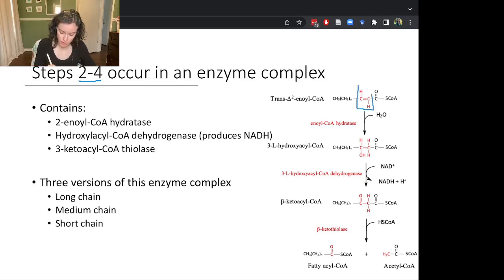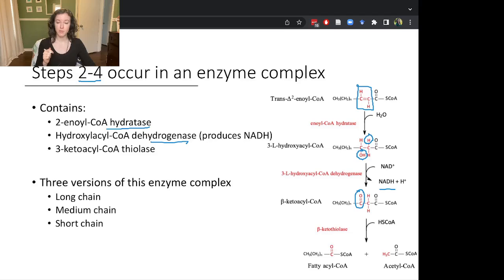Well, we enter with this trans double bond. In the first step, our hydratase is going to hydrate, or add water across, the double bond. Following that, a dehydrogenase is going to oxidize the hydroxyl to a carbonyl. In the process, we've made an NADH.